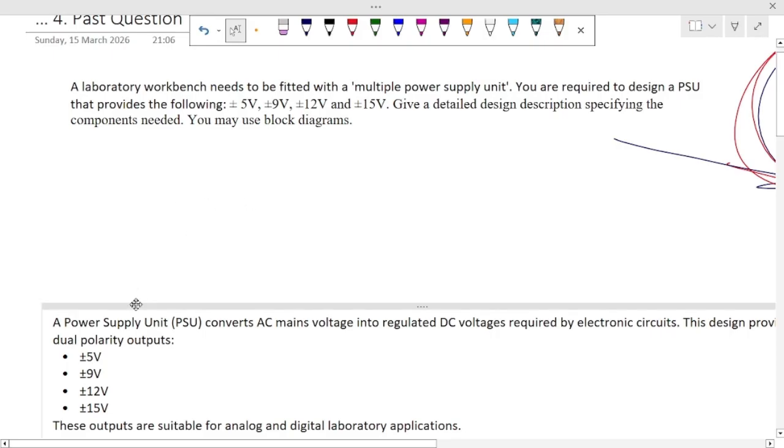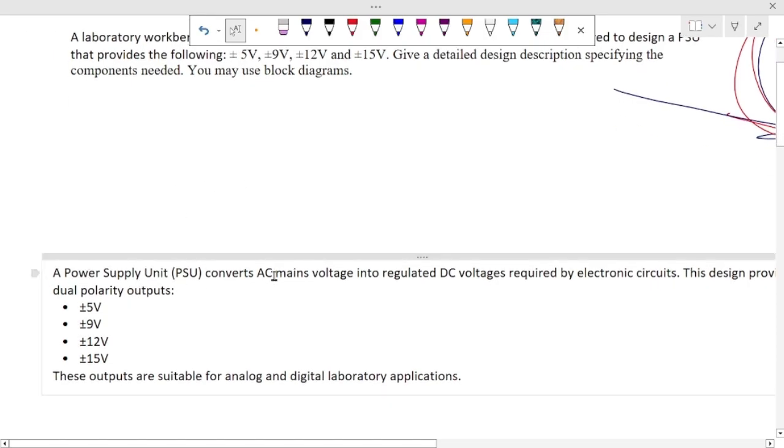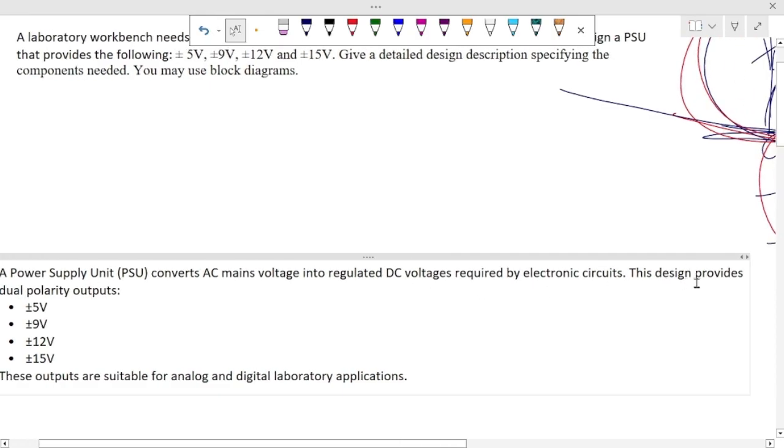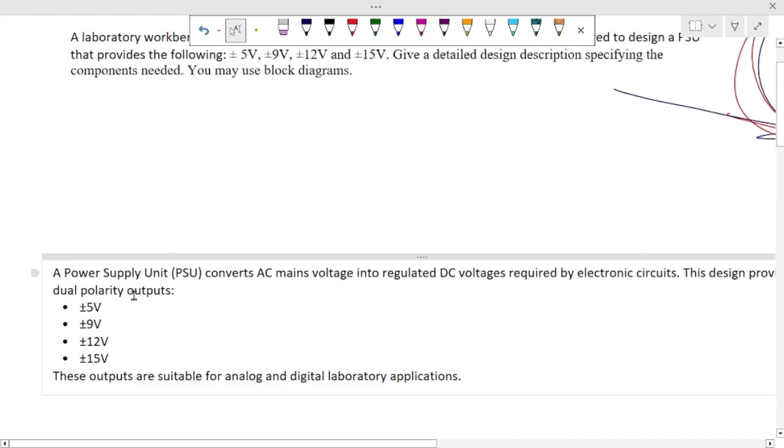Now first of all, the PSU, which is power supply unit, converts what? AC mains voltage into regulated DC voltages required by electronic circuits for us to use in the lab. This design provides what? Dual polarity.